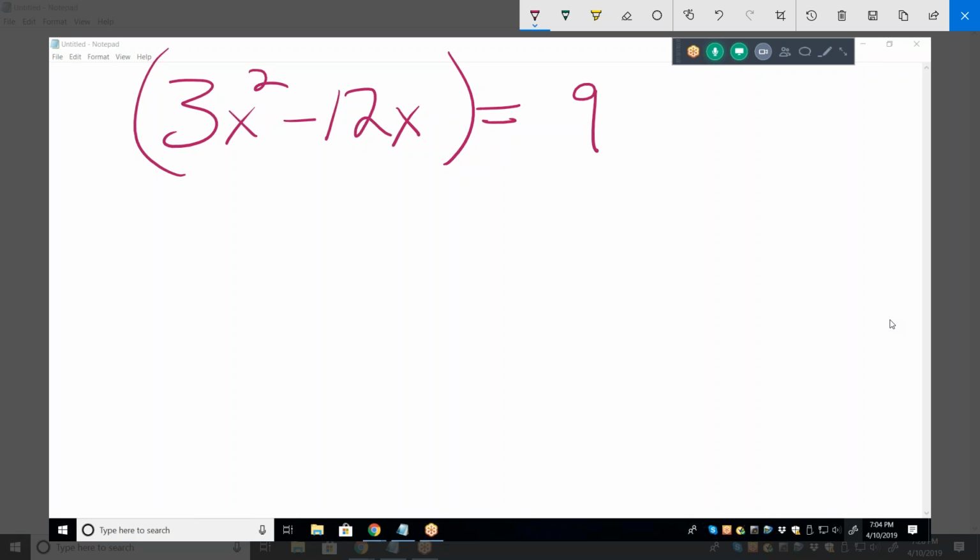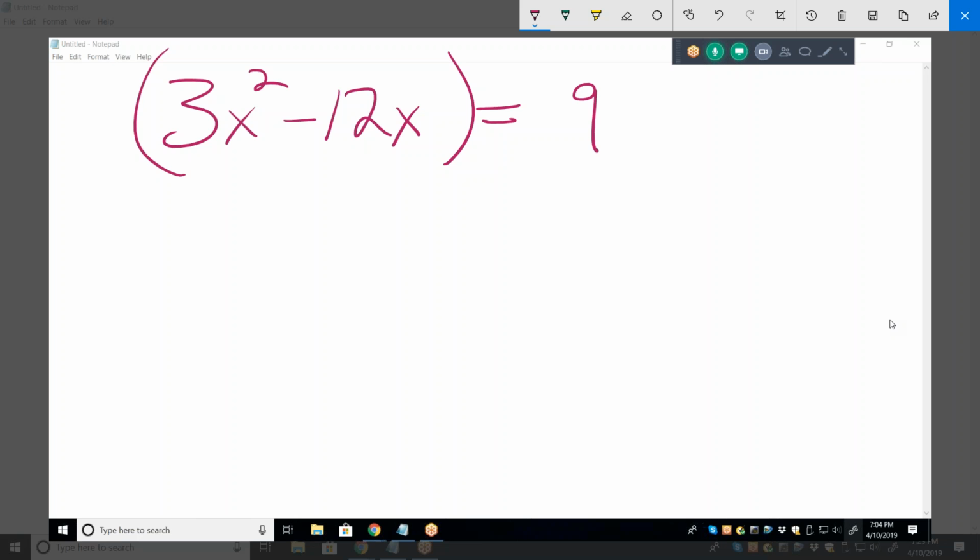Not a greatest common factor. I just want to point that out. What the next thing you're really doing is you're factoring out the coefficient of the x squared term. That's what the next step is. I know it's similar to greatest common factor, and it kind of looks like greatest common factor, but it definitely is not. Okay? Because if that 12 was 11, I wouldn't have a greatest common factor, but I would still have to factor out 3.